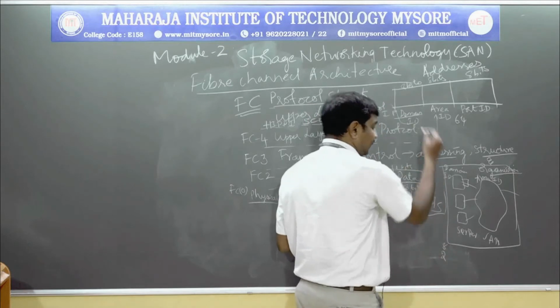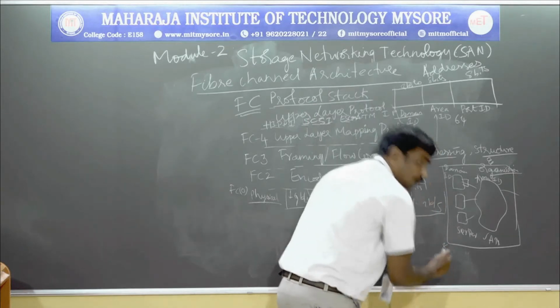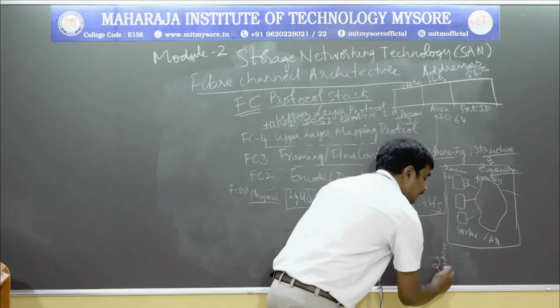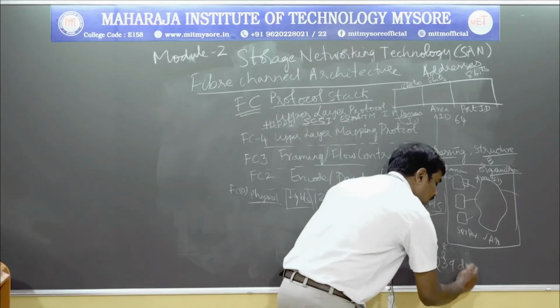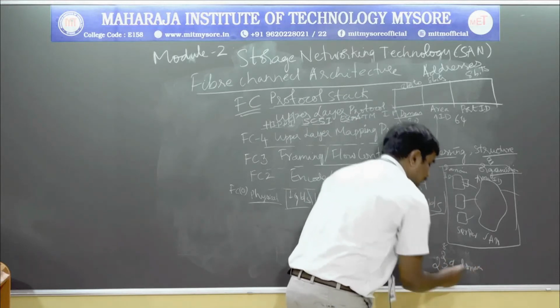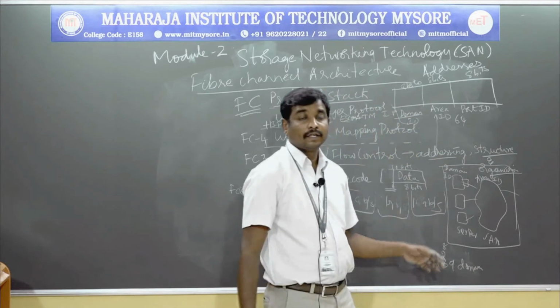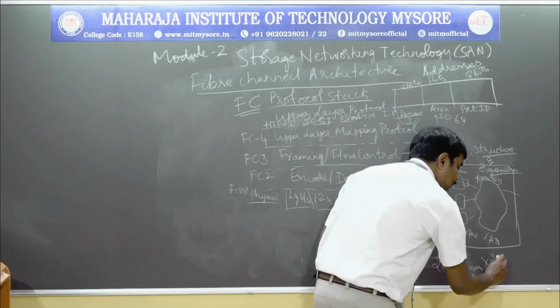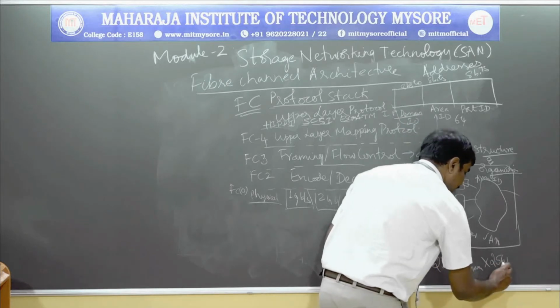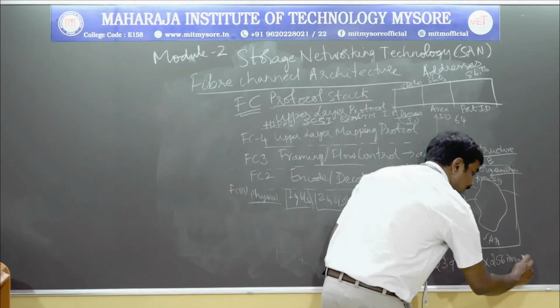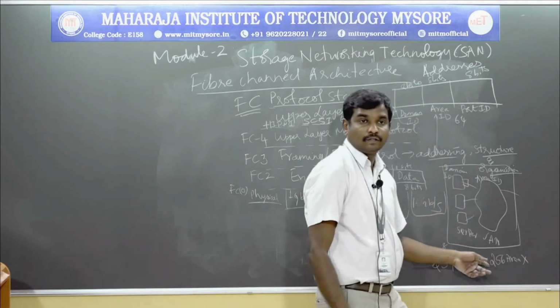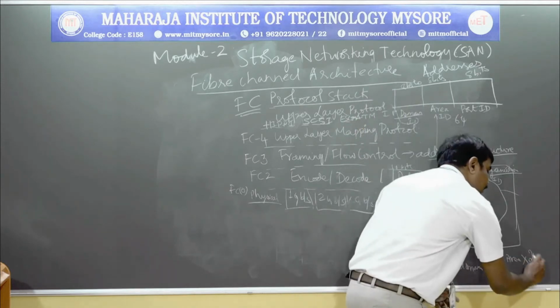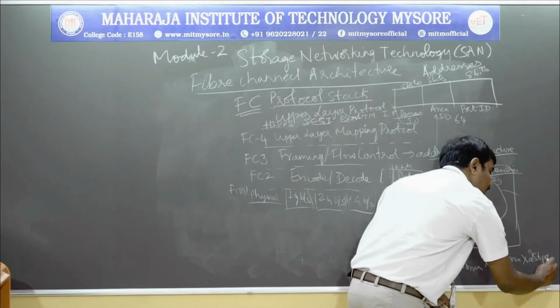The first, the domain ID, will have around 239 domain addresses. The other addresses are used as reserved ones. We will discuss that. It also has 256 areas and another 256 ports that we are using.